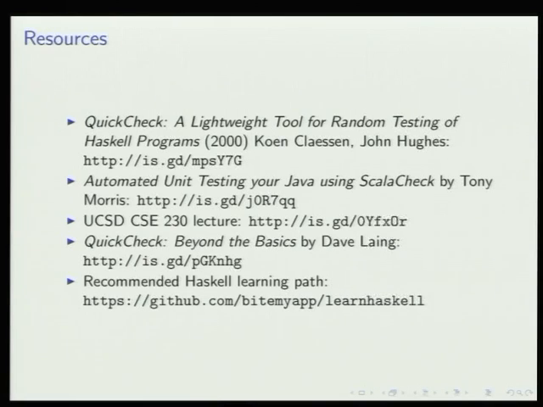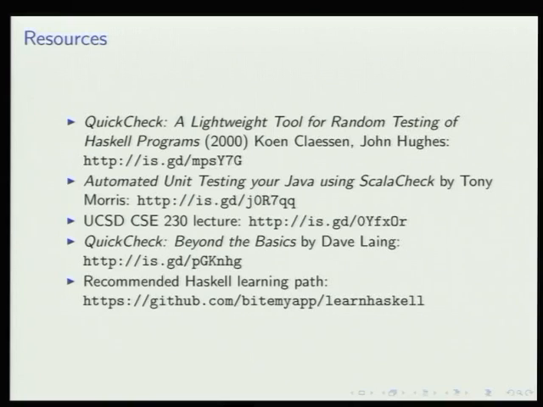So things like doing property-based testing pushes the developer along the path of forming logical theorems about their programming, and that this is actually an essential part of what we ought to be doing as programmers, in Tony's opinion. So I'd encourage you to read that post. There's a UC San Diego lecture on QuickCheck, which is, I think, probably the best introduction to QuickCheck in Haskell that I've seen.